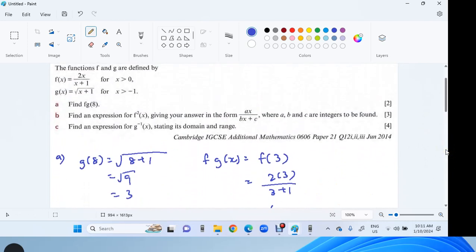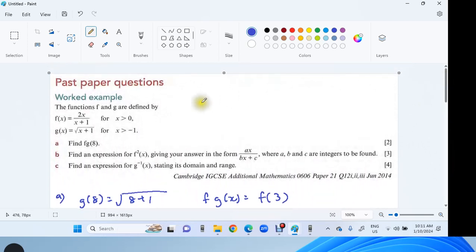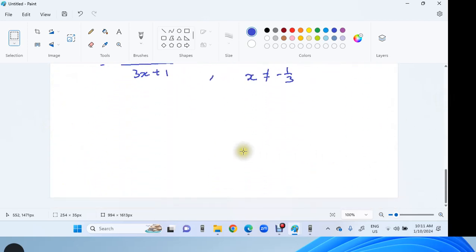So next, find an expression of g inverse and state its domain and range. So first we must know what is g(x), then only we can find g inverse. Okay, this one C, we have this.